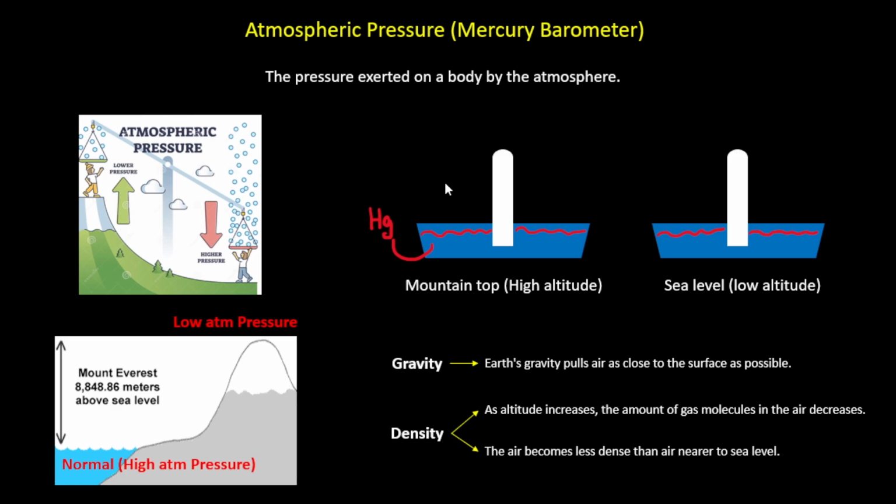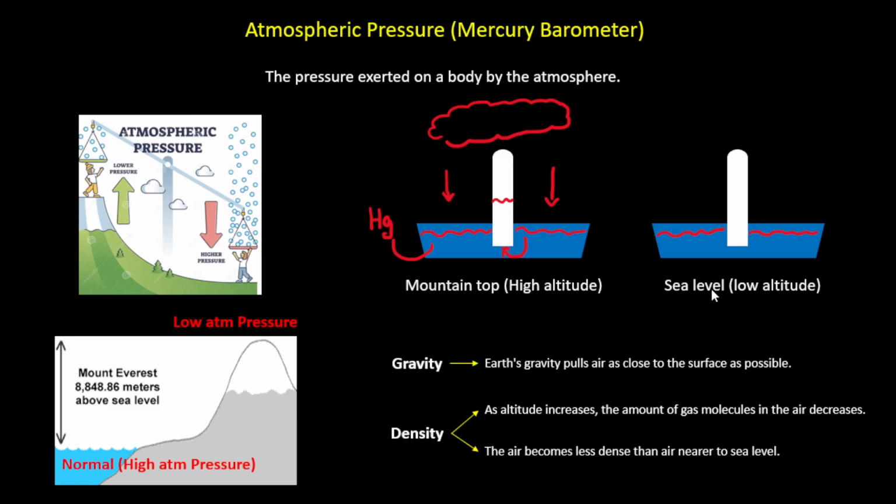Since it has a low atmospheric pressure, imagine that this is the atmosphere around us. That is going to exert pressure, meaning that the liquid will go up here. But since it is a low pressure, it will only have a very short height.